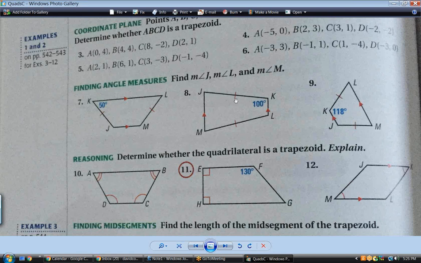Which is the 100-degree angle? Angle M. Does it look like 100 degrees? Well, no. So it'd have to be angle L. That looks like 100 degrees. Correct. In other words, it's adjacent angles that are equal in isosceles trapezoids.